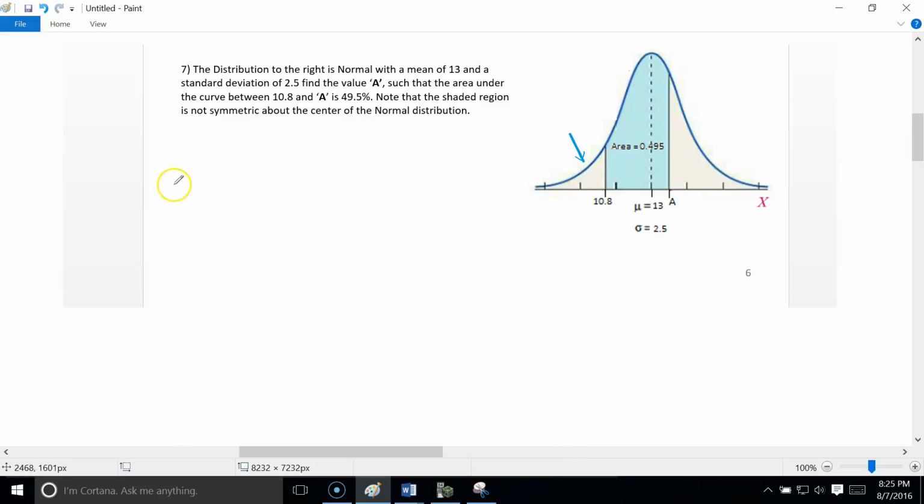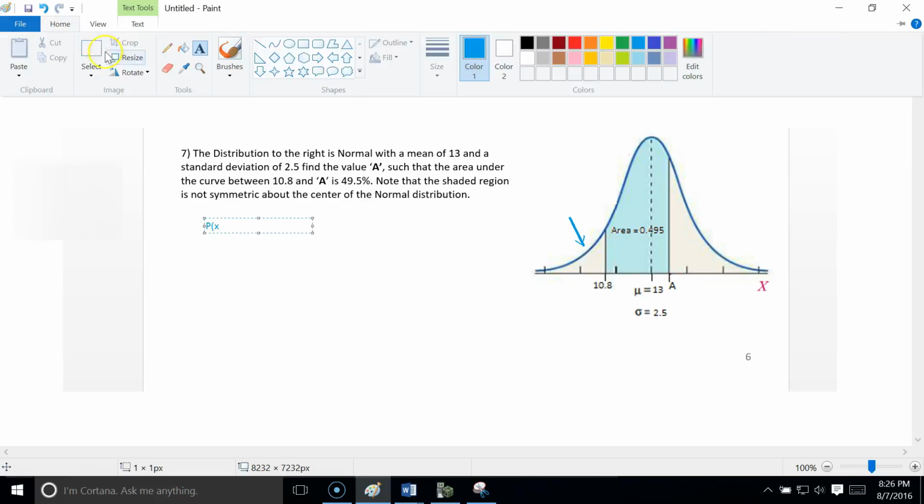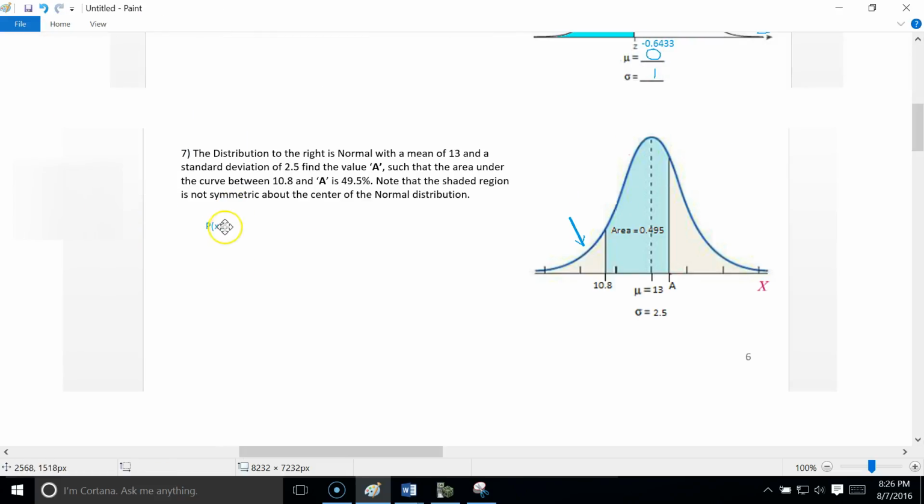That'll be the probability that x is less than or equal to 10.8, which is equal to normal CDF of negative infinity, put a bunch of 9s there, up through and including 10.8, comma 13, comma 2.5.